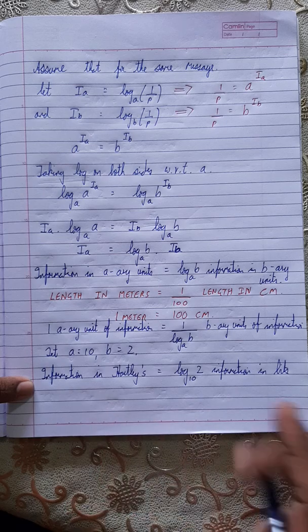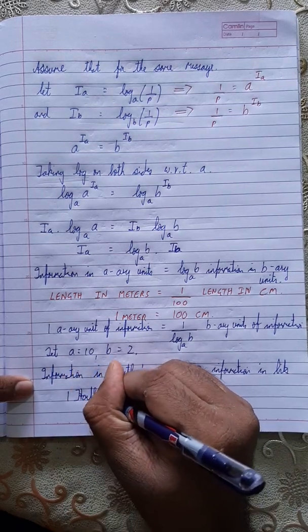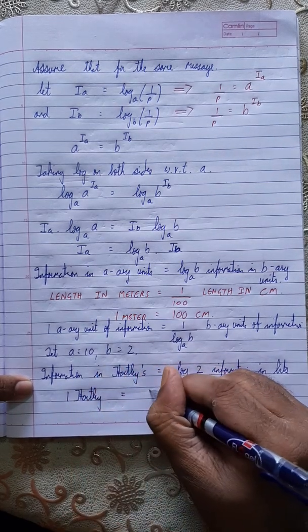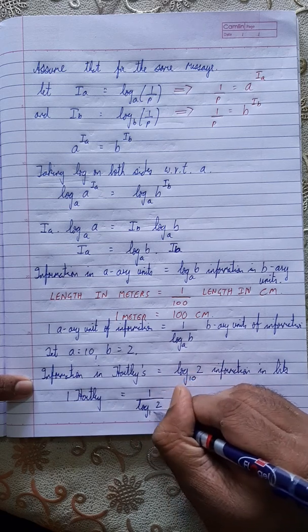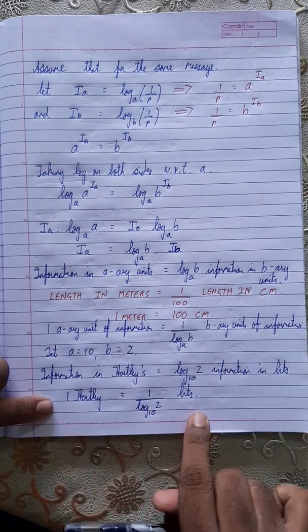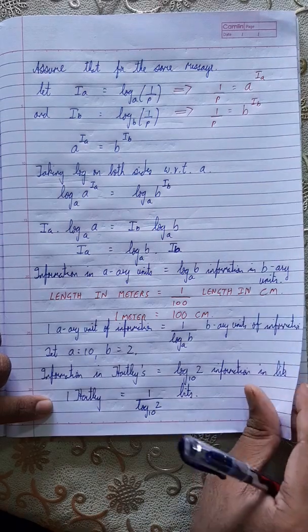So in that case, what is 1 Hartley equal to? 1 Hartley is equal to 1 by log 2 to the base 10 bits. And what is 1 by log 2 to the base 10?